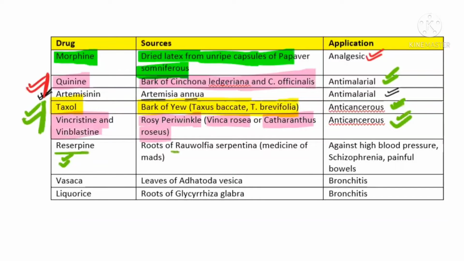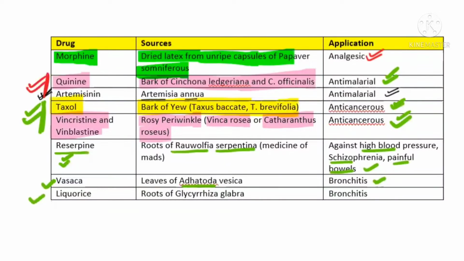Then in this chapter, in the starting, we studied about reserpine. Reserpine is obtained from the root of Rauwolfia serpentina, and it is used for controlling blood pressure, schizophrenia, and as well as for painful bowel movement. The next drug is Vasicine, which is obtained from the leaf of Adhatoda, and it is used to cure bronchitis.